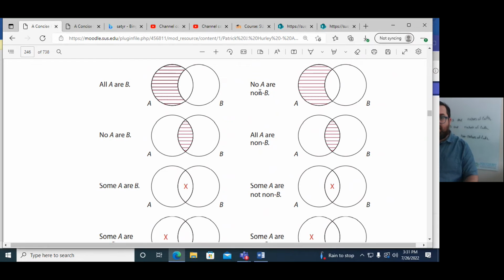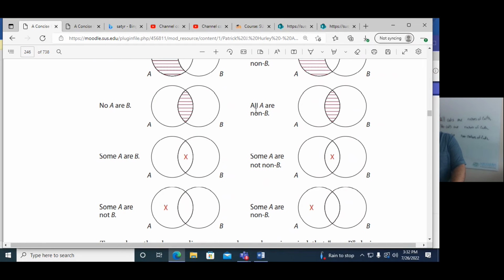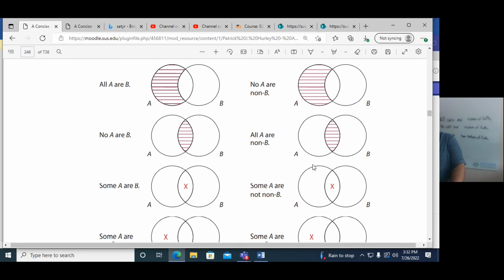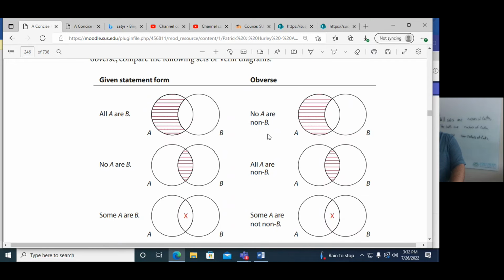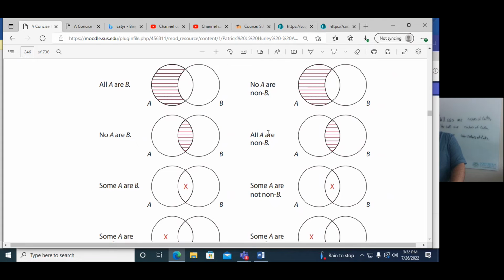No cats are non-natives of Earth. They actually keep the truth value. So if you change the quality but not the quantity, and then you add the word non to the predicate, what you generate is that every single mode of an obverse statement preserves the original truth value of the original claim.